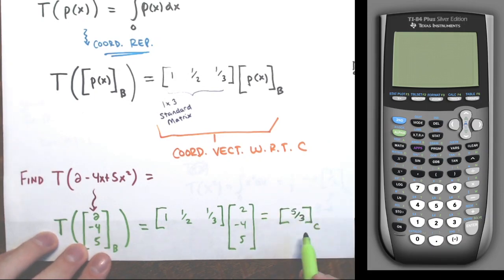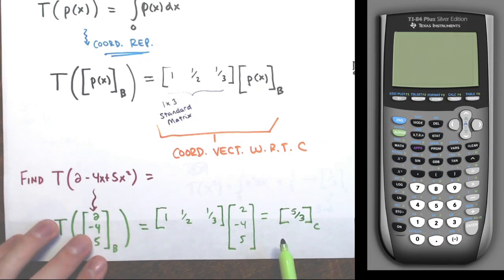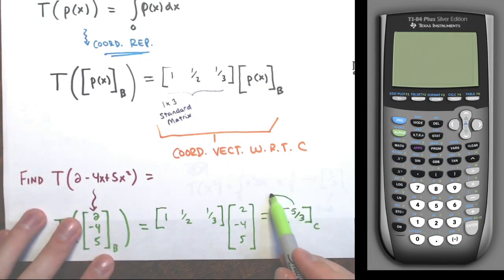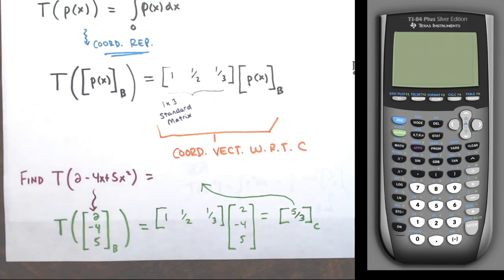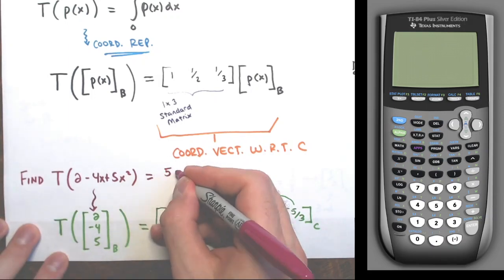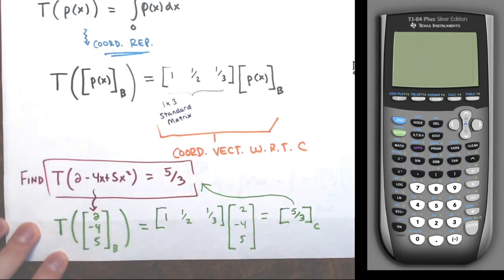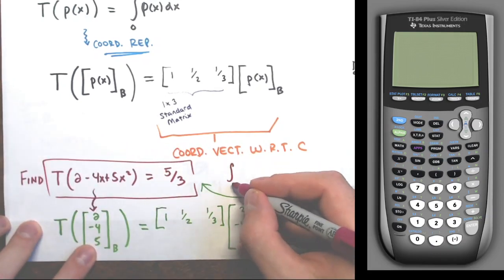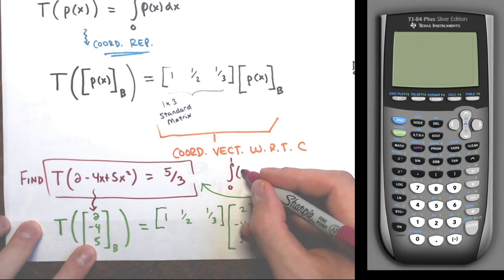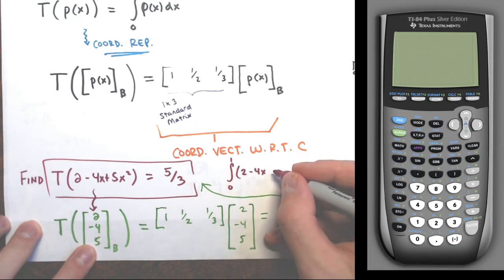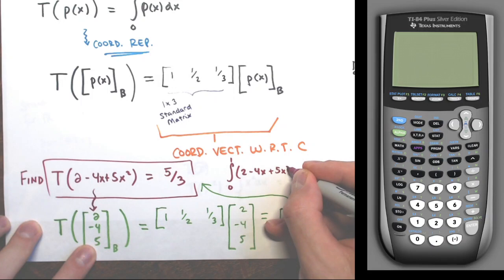And remember, basis C was simply the number 1, the basis for the real numbers. So 5/3 times 1. Translate that back. This is 5/3. And we can double check this. Let's take the integral from 0 to 1 of 2 minus 4x plus 5x squared.